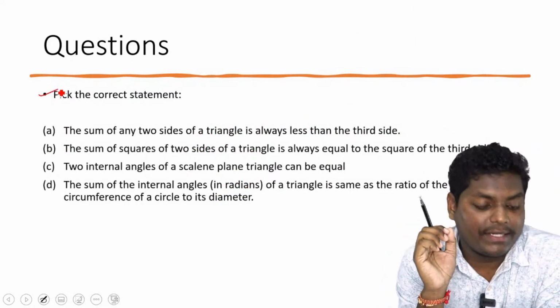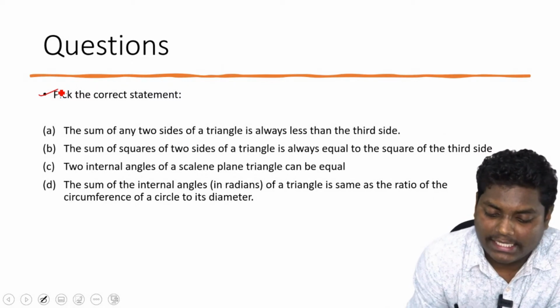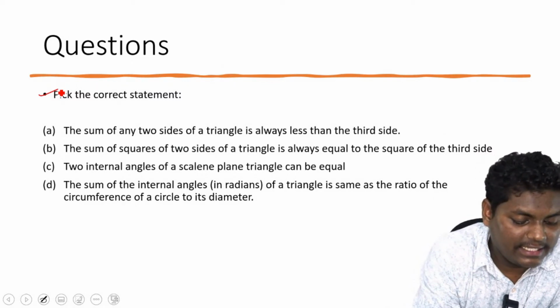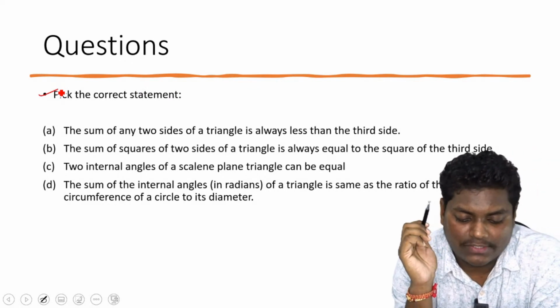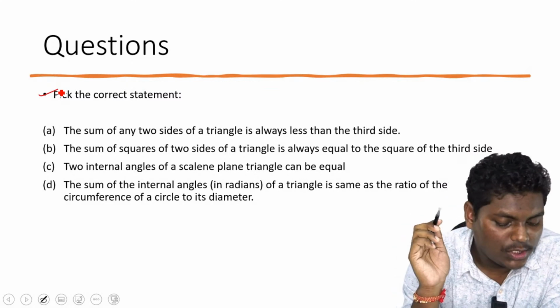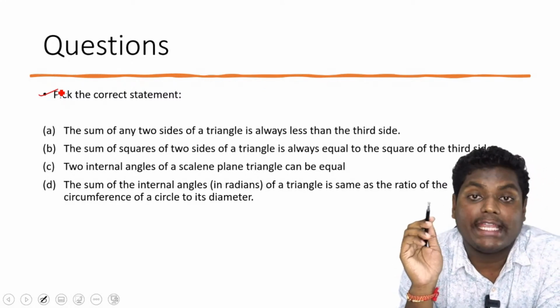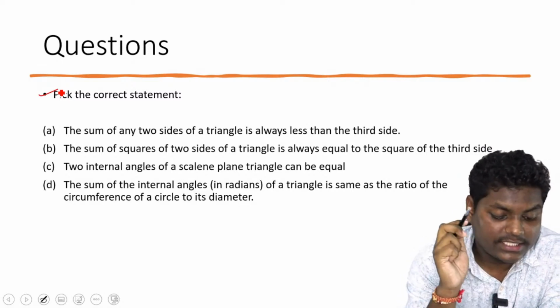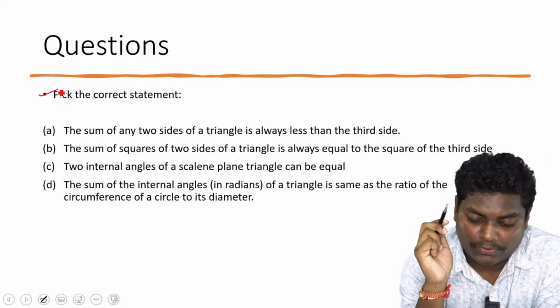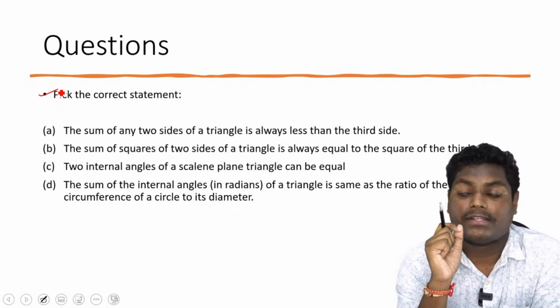Pick the correct statement, it is saying. What is the statement? The sum of any two sides of a triangle is always less than the third side. The sum of squares of two sides of a triangle is always equal to the square of the third side. Two internal angles of a scalene plane triangle can be equal. And the third is the sum of internal angles of a triangle is the same as the ratio of circumference of a circle to its diameter.